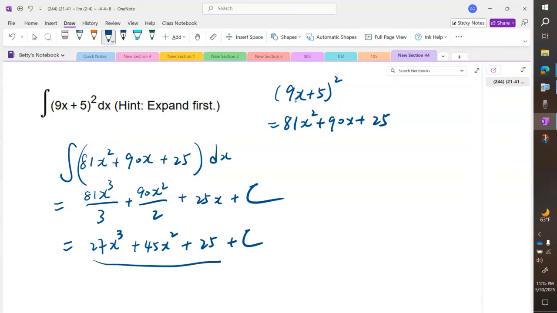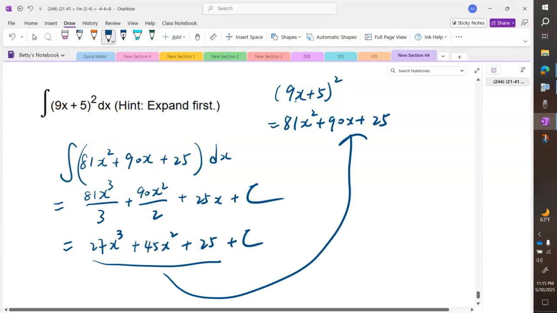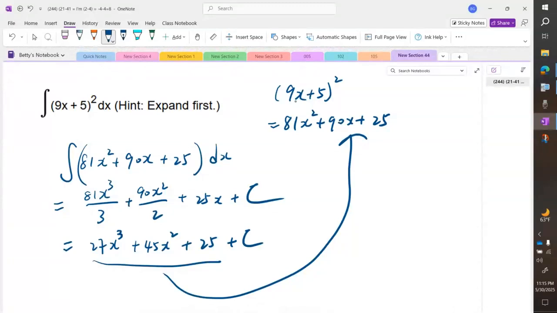You can go back and take the derivative to see if you get the original. It actually does.